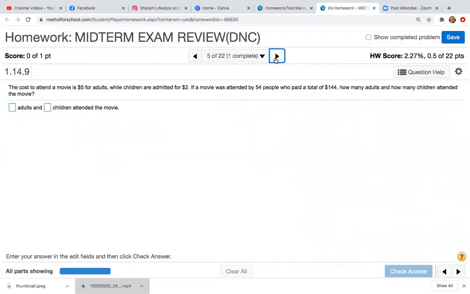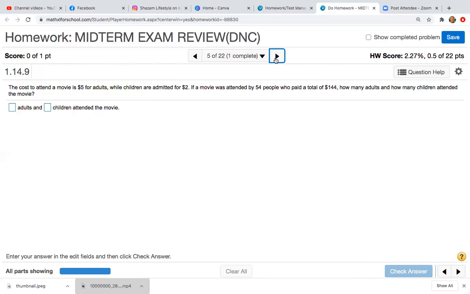And number 5, the cost to attend a movie is $5 per adult, while children are admitted at $2. If a movie was attended by 54 individuals who paid a total of $144, how many adults and how many children attended the movie? Okay, so this one, it looks like we're going to have to write an equation to solve this, guys.